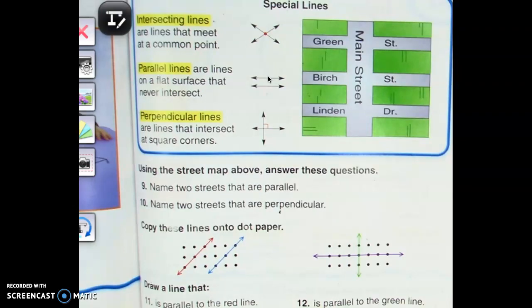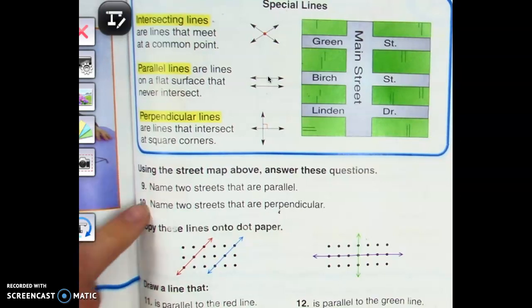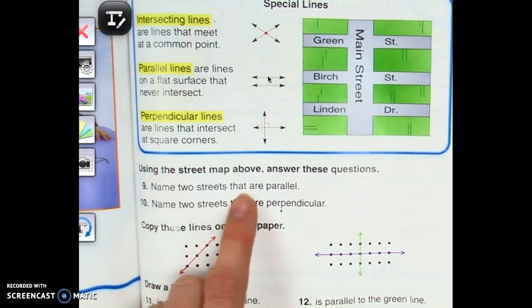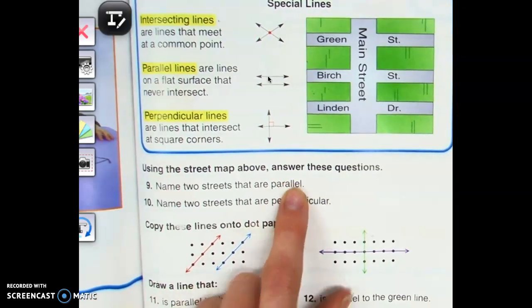You are going to do numbers 9, 10, 11, 12, 13, and 14 also. And you're going to upload all of that onto Google Classroom, but I just want to go over a couple things here. So when it says name 2 streets that are parallel, you're going to look up here.